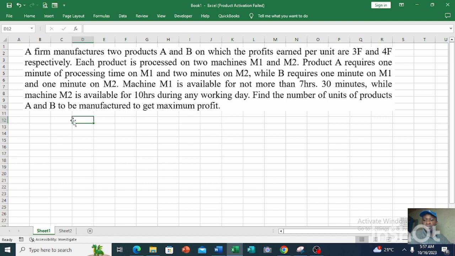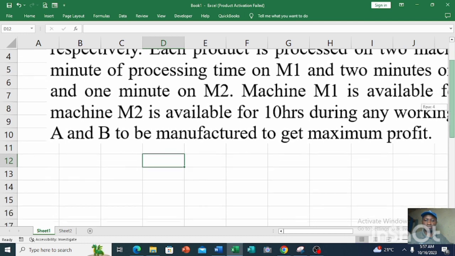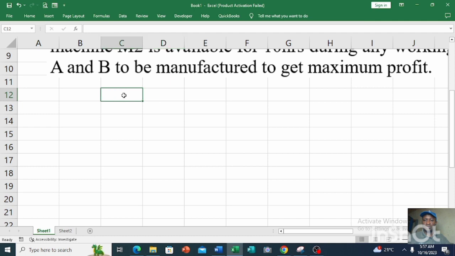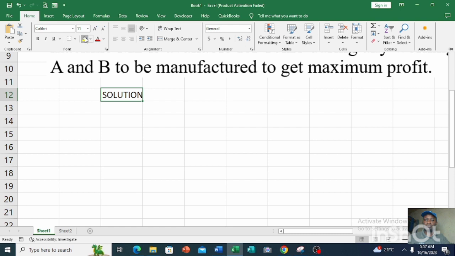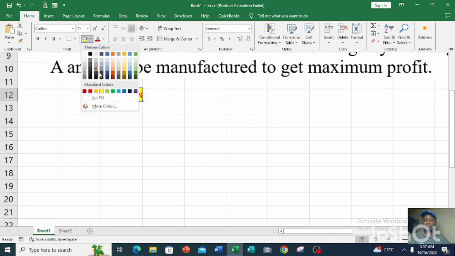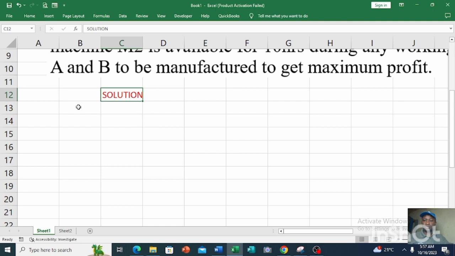So we are quickly going to start solving the problem. Let me increase my sheet. So, solution.